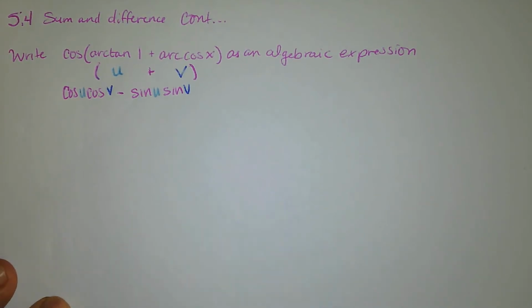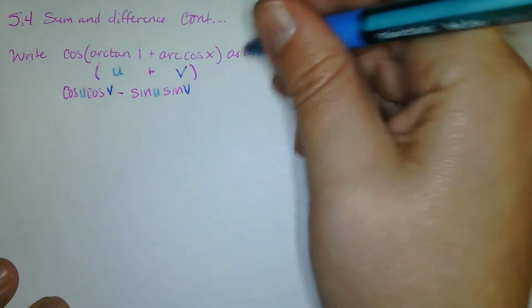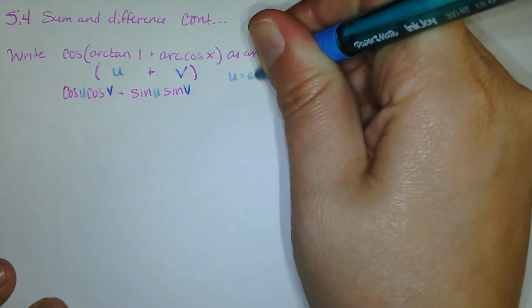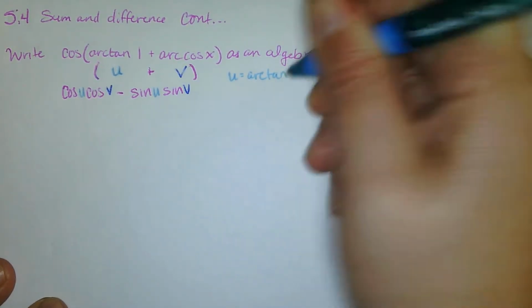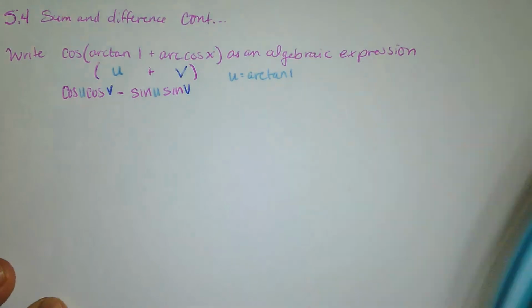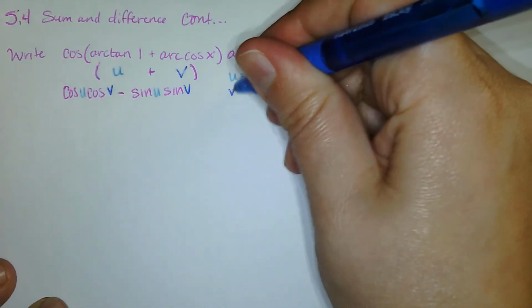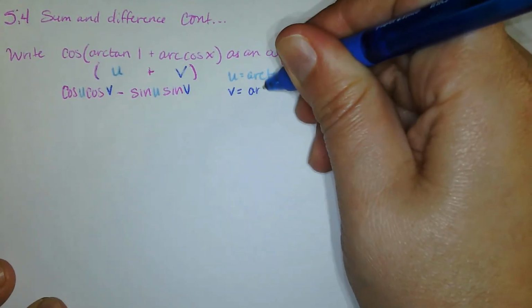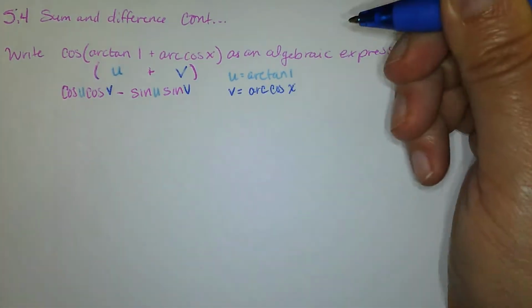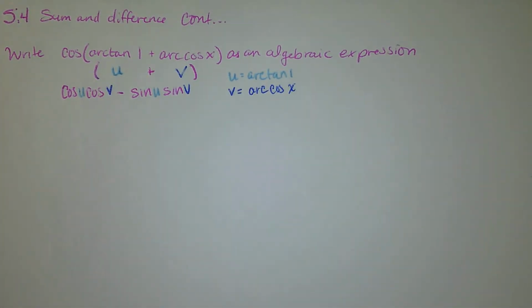And we're going to say that U is equal to arctan of 1 and V is equal to arc cosine of x. Okay. So we use the formula.